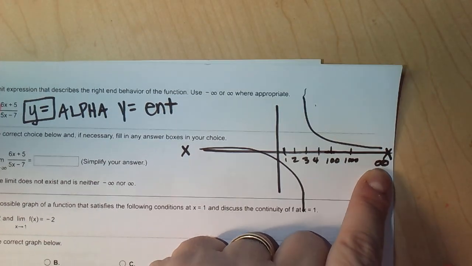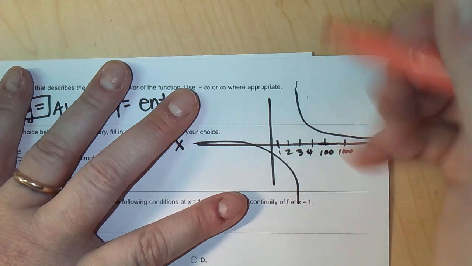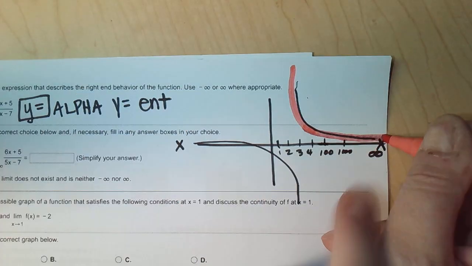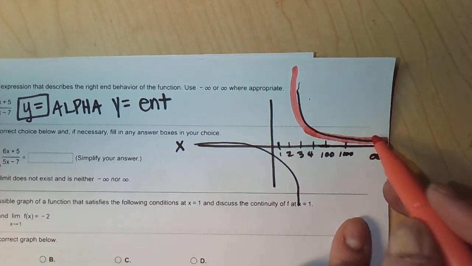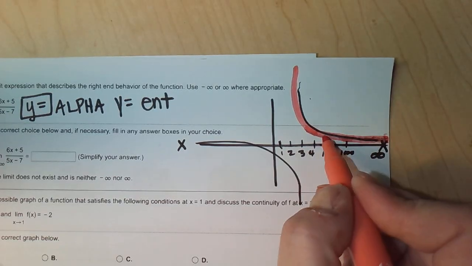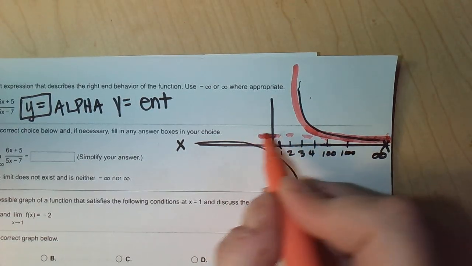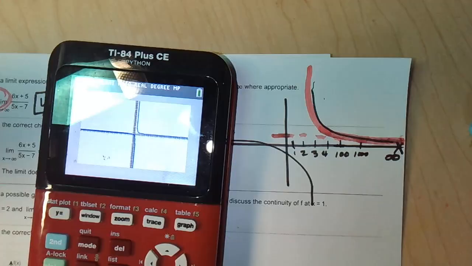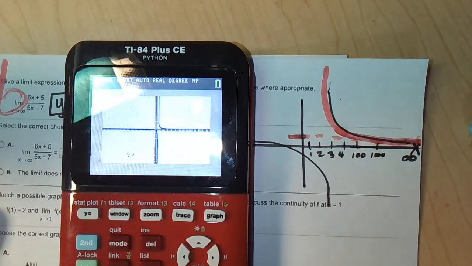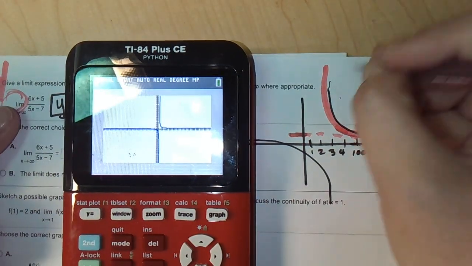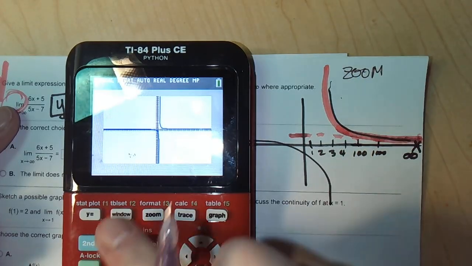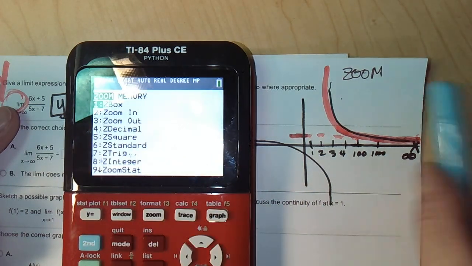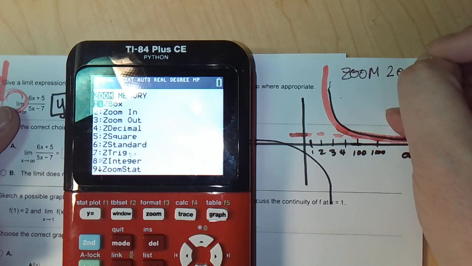As I get closer and closer to when x is infinity, it looks like the y value is, I don't know, whatever this is. My graph is zoomed too much, so I think I'm going to press zoom, then the number 2, then enter.